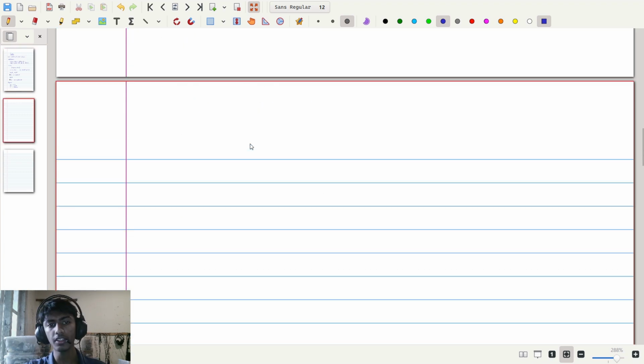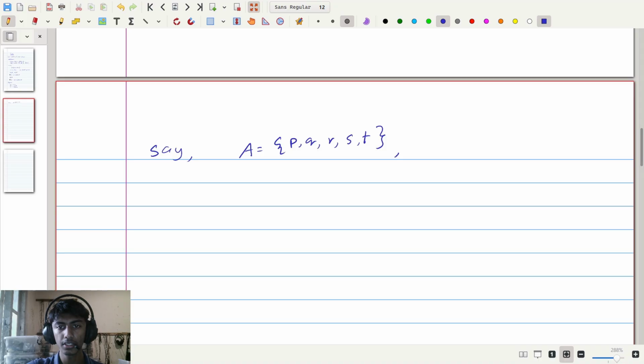To explain these, I'll give 2 example sets. Let's say that A is the set P, Q, R, S, T. And let's say that B is the set Q, T, U, V, W, X, for example.